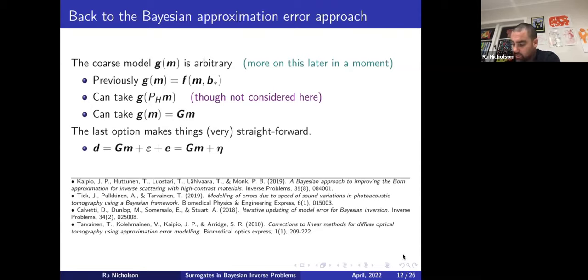We won't look at that here. But one of the extreme cases perhaps is taking a linear approximation to a nonlinear problem. Then we just get a linear inverse problem and things become very straightforward. And that has been done in various applications.